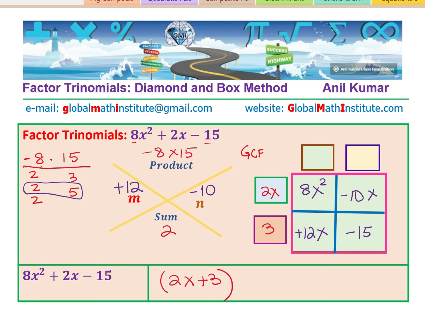Now, let's look into the column. In the first column, 8x squared, 12x, 4 is also common, right, along with x. And in the second, we'll take away the minus sign. That is kind of important. And minus 5, since we want to keep the coefficients of x as positive. So we have 4x minus 5, and we have factored 8x squared plus 2x minus 15. Clearly, factoring means to write the trinomial as a product of the binomials, right?